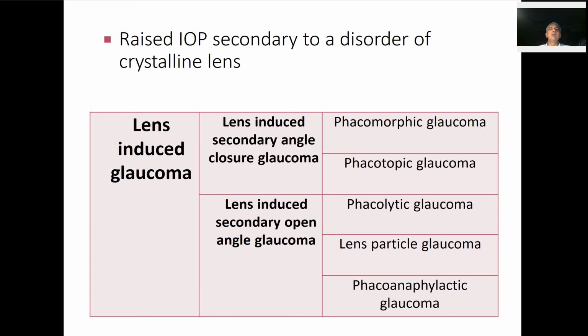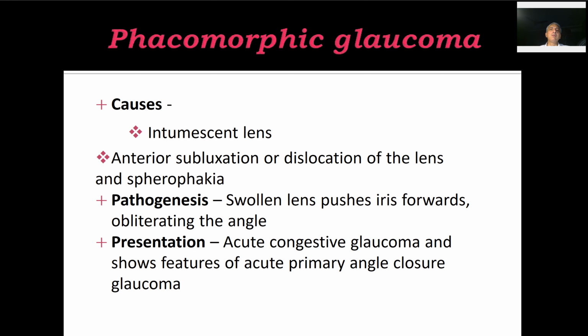In one, the angle is closed, in which you have phacomorphic glaucoma, in which the actual lens becomes bigger in size, and then you've got phacotopic glaucoma, where the lens is subluxated or dislocated. Then you've got the open angle type, where the lens does not cause any problem to the surface of the iris in the angle, but particles from the lens tend to clog up the trabecular meshwork.